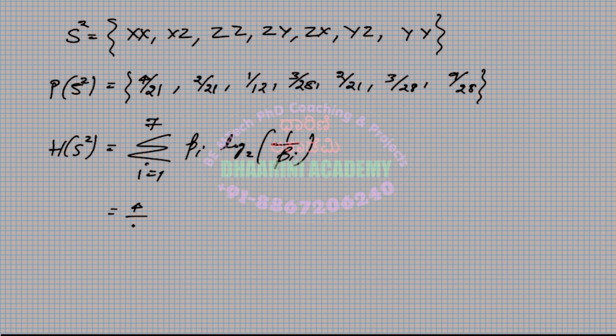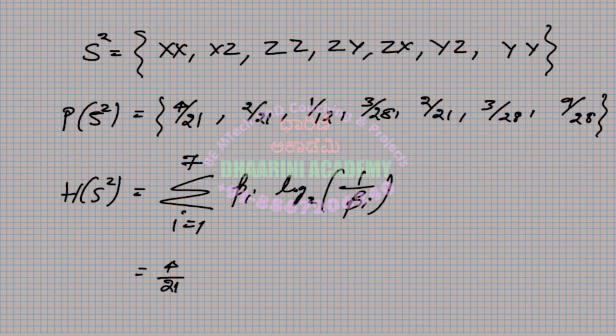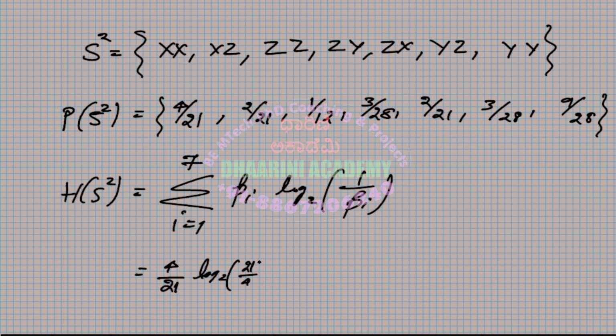So we have 4 by 21 log to the base 2, 21 by 4, plus there are two terms of 2 by 21 log to the base 2. So the probabilities will substitute like this. So that is 4 by 21 log to the base 2, 21 by 4. Then the 2 by 21, we can see that there are two terms, right?